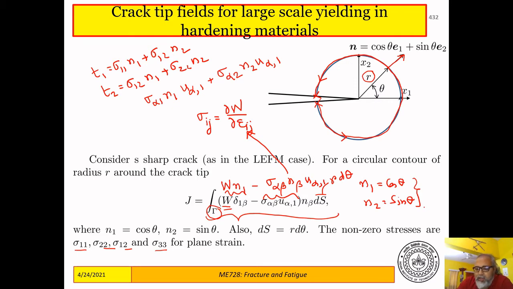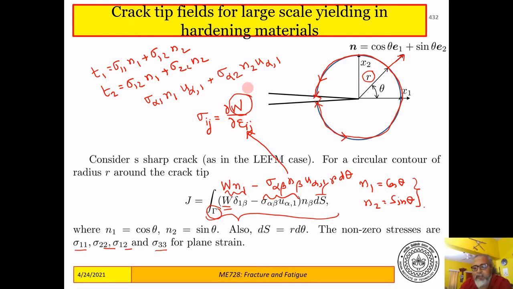So it is not a single function, it is not a smooth function, and therefore the existence of W is not guaranteed. Whereas we have assumed a deformation theory of plasticity, where there is no unloading branch, and deformation theory of plasticity behaves exactly like a nonlinear theory of elasticity. Because we have done that, we can assume that a W exists, so that its derivative with respect to strain gives you the stresses.